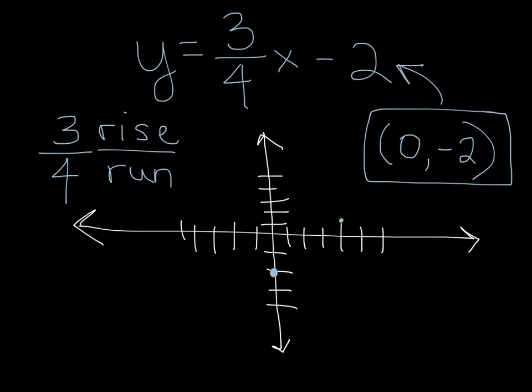So our point would be about right here. And you can continue doing this rising over running, and it would continue to give you some extra points. But we're just going to do the 2 points here, and we're just going to connect those 2 points to get our graph.